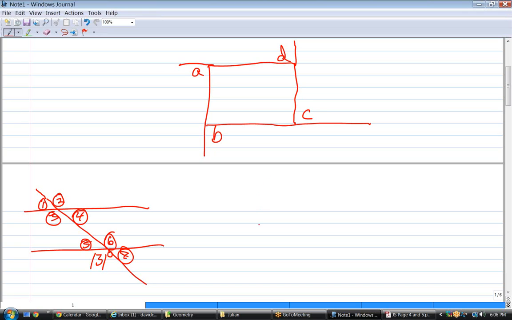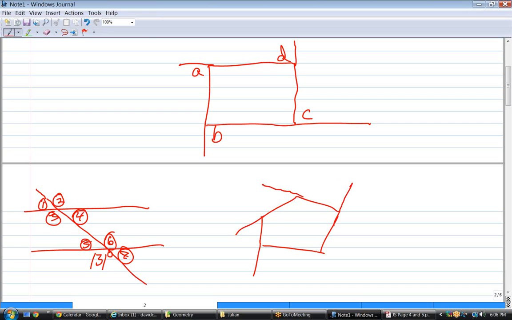And if I have a five-sided figure, and I make the exterior angles consistently, like this, A, B, C, D, and E add to 360.